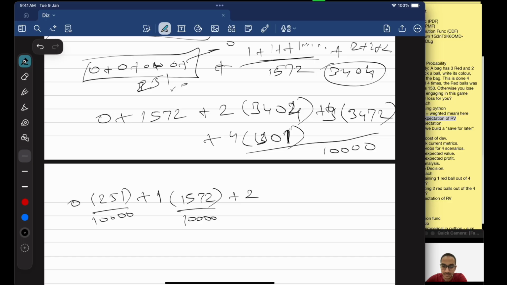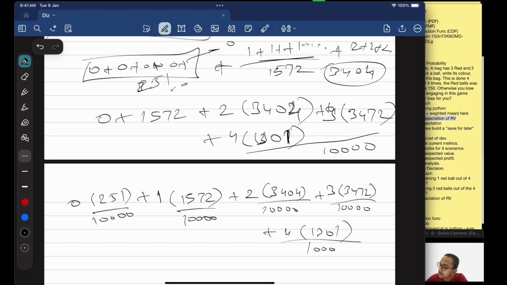Because we just took a common denominator and then we are adding everything. So I can do something like plus 3 times 3472 by 10k plus 4 times 1301 by 10k.